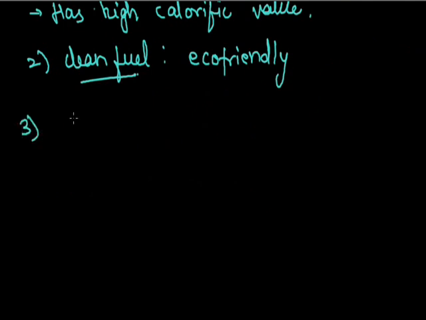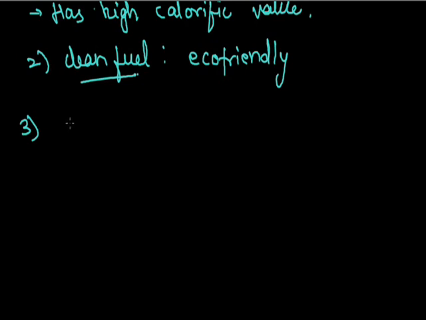Moreover, it is being transported very easily nowadays. Like in Vadodara, we have a good transportation system for natural gas. Generally we use natural gas in cylinders and it is transported. But there, a network of pipelines has been used, where gas is pumped and easily supplied to all the houses.